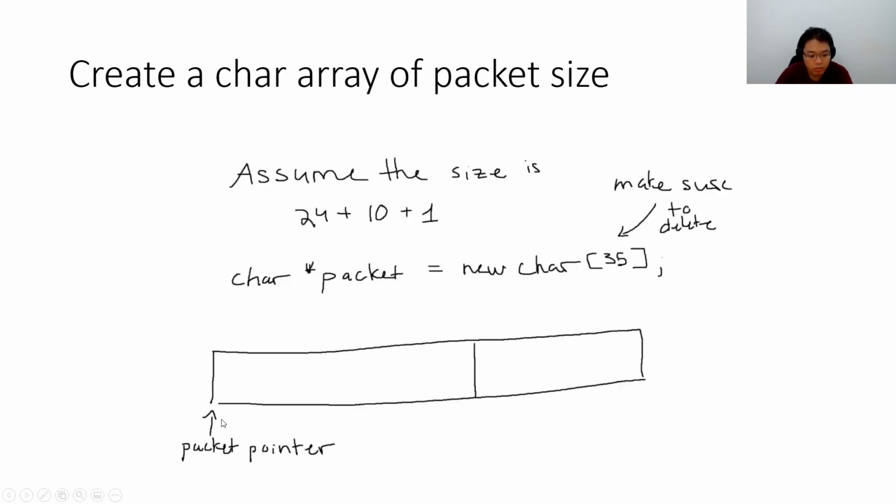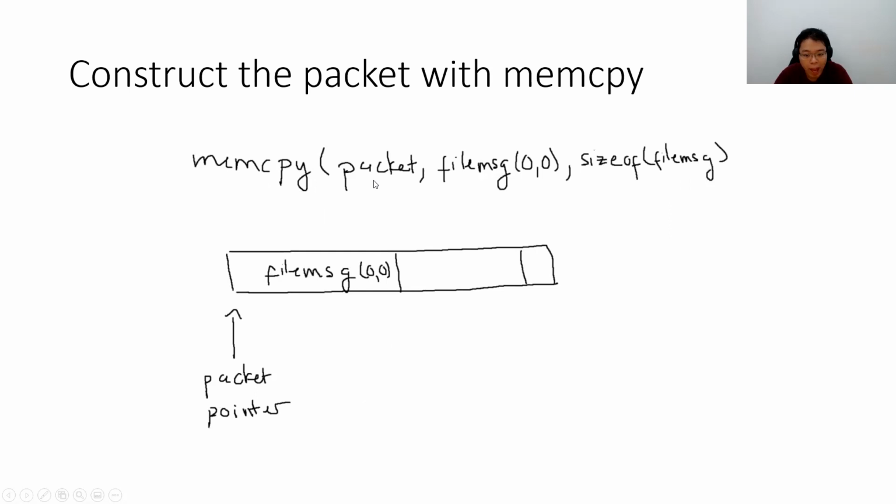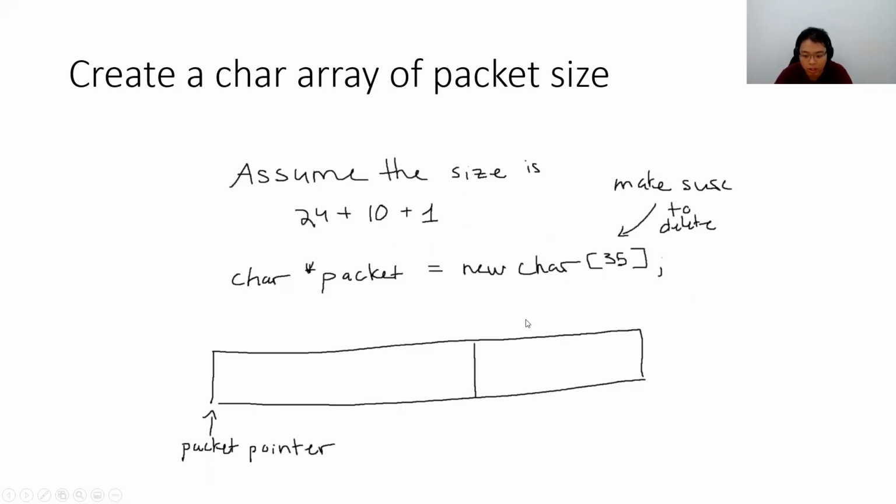And then the packet pointer will be here. So the packet pointer will start at position 0, because it's an array. And then what you do is you use memcpy to copy the file message, from 0 with the size of file message. Then it would be putting the first 24 bytes into the first 24 bytes positions of the packet that you just created of size 35.